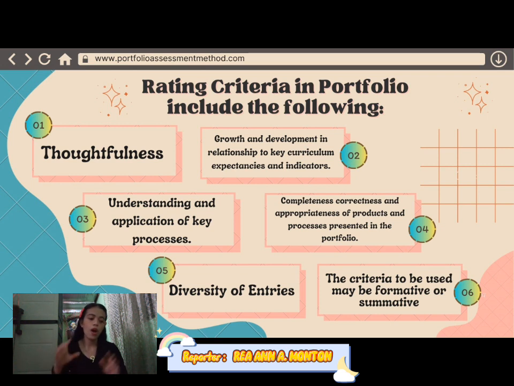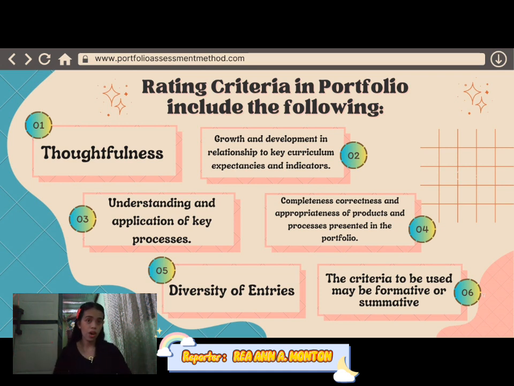So, kaya diversity of entries, it must be formative. So, formative, it is the instructional time period. It also must be summative, which determines what are the indicators you must put in order for them to read the exact information na ilang bitong i-based in creating their portfolio.